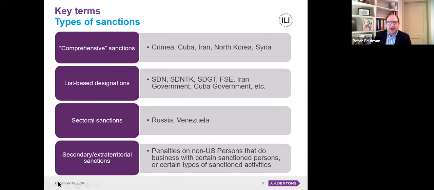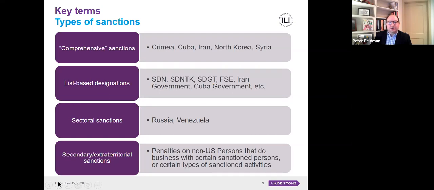They're frozen by operation of law, and U.S. persons are generally prohibited from dealing with SDNs. So if you are the subject of a list-based designation, the United States all of a sudden essentially becomes off limits. And anything that you've got in the United States, even if it's just passing through, is frozen automatically.